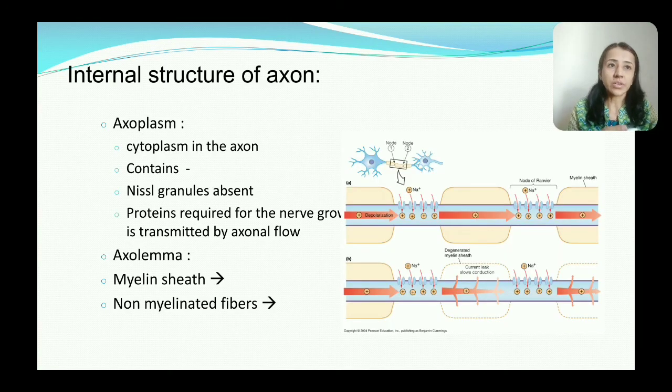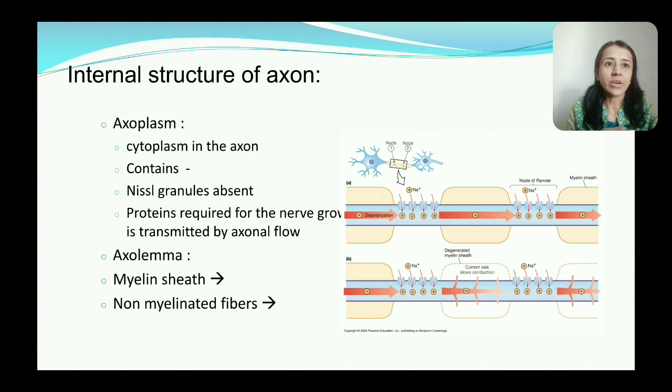Now, internal structure of the axon. The axon has, as we have discussed, cytoplasm known as axoplasm, and it contains mitochondria, neurofibrils and axoplasmic vesicles. Nissl granules are absent here. Proteins required for the growth of the nerve are transmitted by axoplasmic flow. Next is the axolemma, as we have discussed.